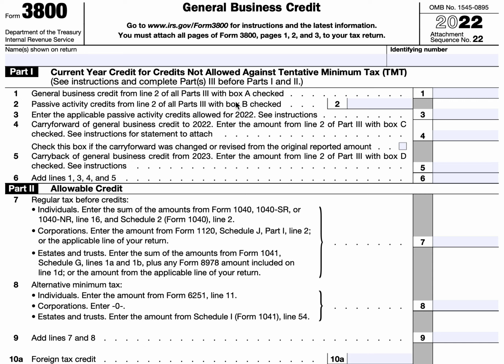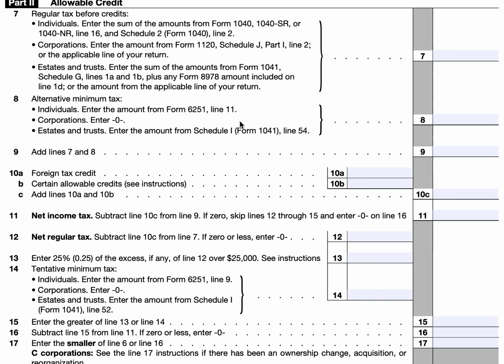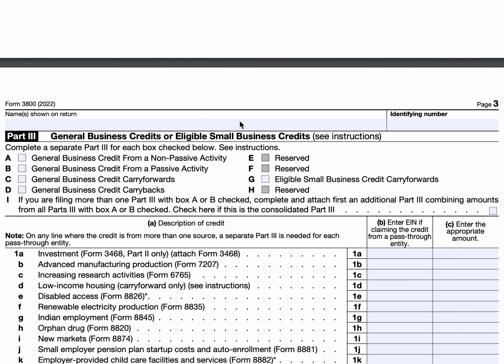While we recognize parts one and two are in chronological order, we're going to skip down to part three because there's a little bit of complexity that we need to go over. At the very top of part three, you'll see several boxes marked A through H, and you only check one box, depending on which type of credit you're claiming, whether it's a business credit from a non-passive activity, or a credit from a passive activity, both of those credits in the given year.